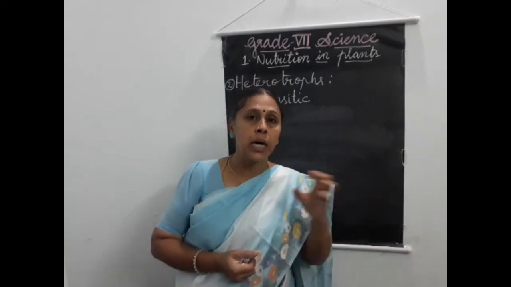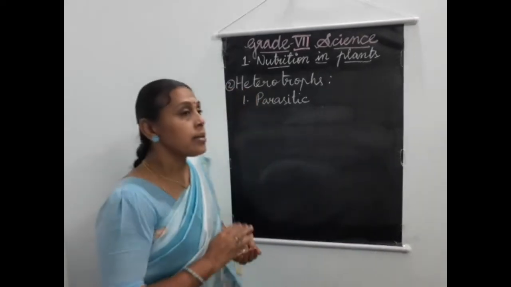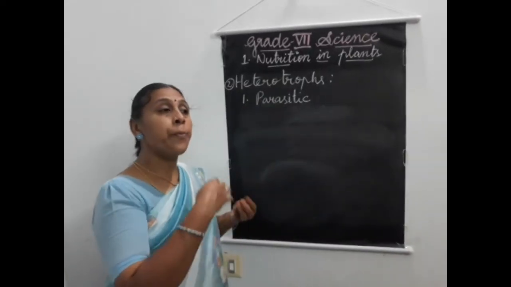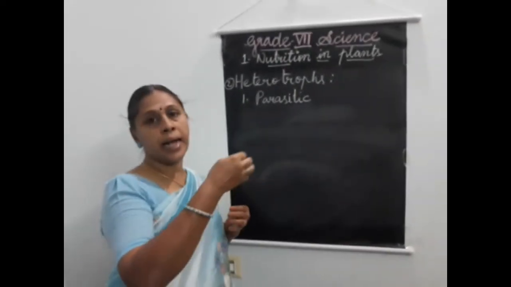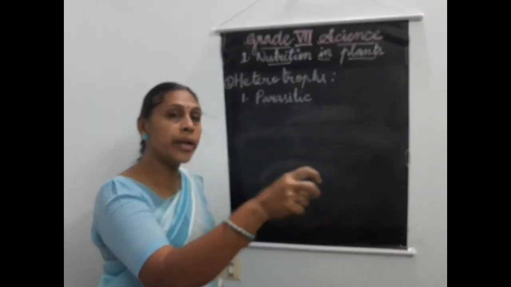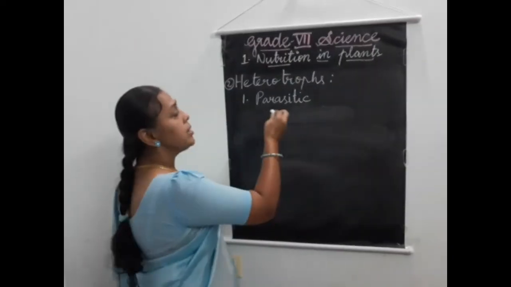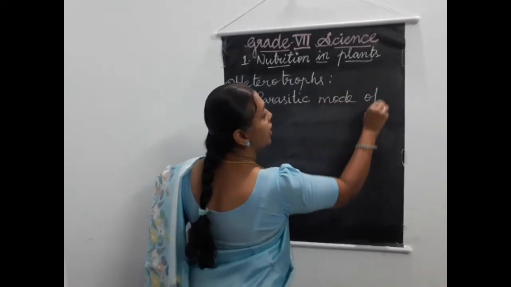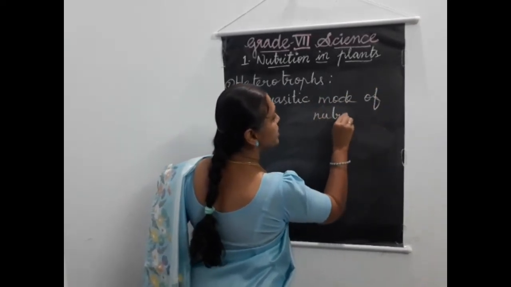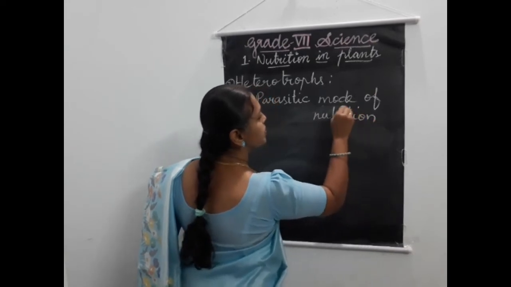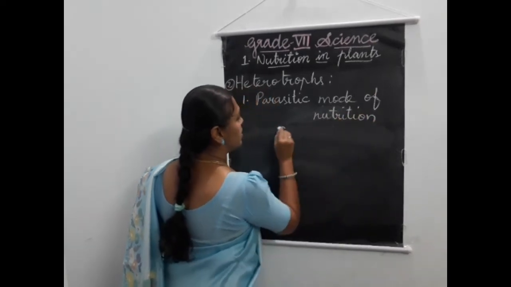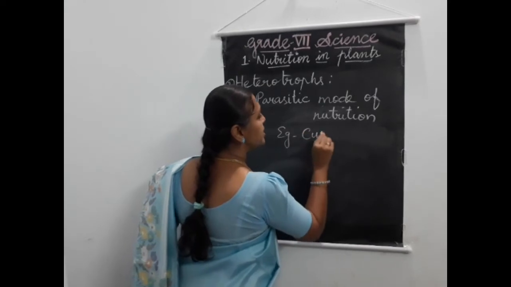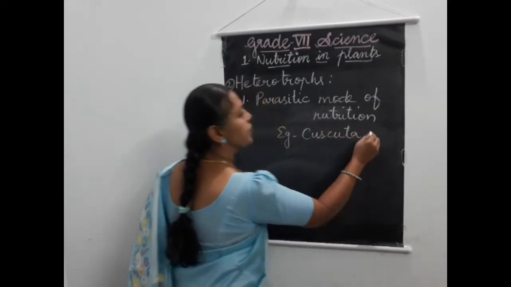They will absorb the nutrients from the other plant. This mode of nutrition, depending on others for nourishment, is called parasitic mode of nutrition. And for this, the example is Cuscuta.